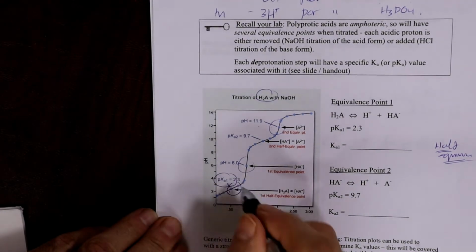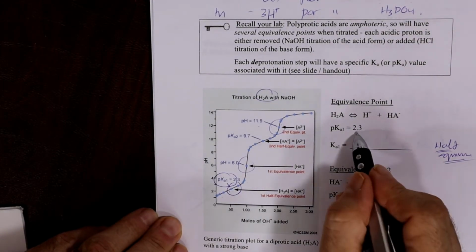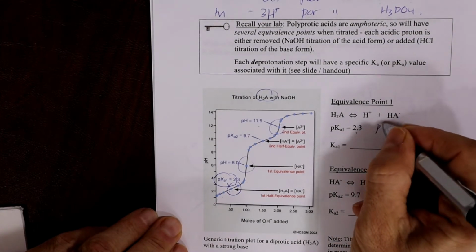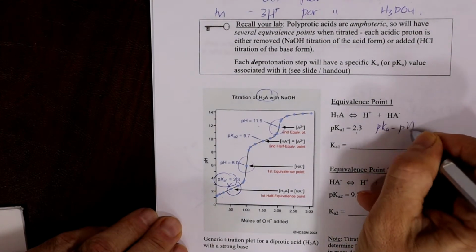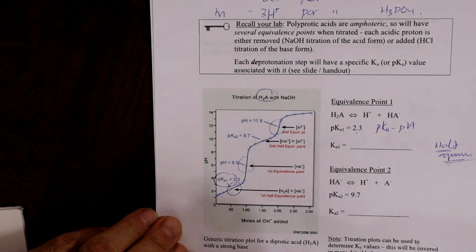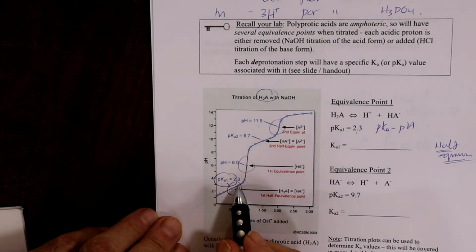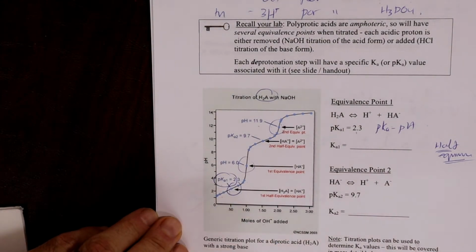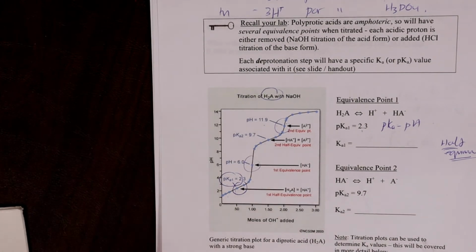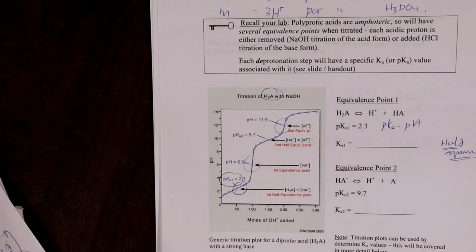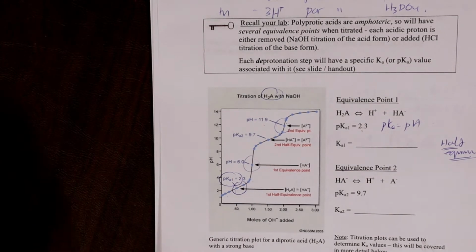So that's pKa1. At pKa1, we have that number. pKa is 2.3. Do the math. Let me just find the page in my notes and do the reverse math, so to speak.